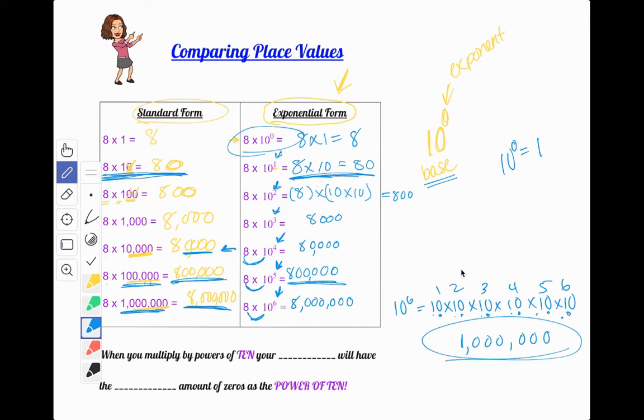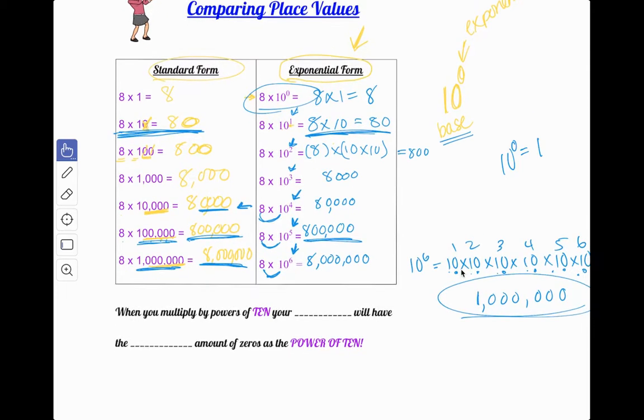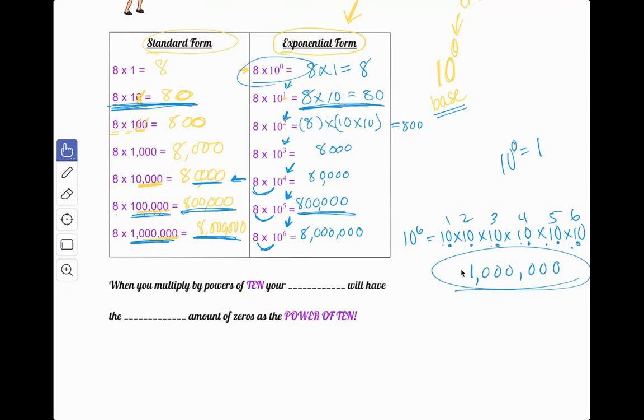Okay? So let's look at some questions here that go along with this. When you're multiplying by the powers of 10, your blank will have the blank amount of zeros as the power of 10. Your product, which means what?